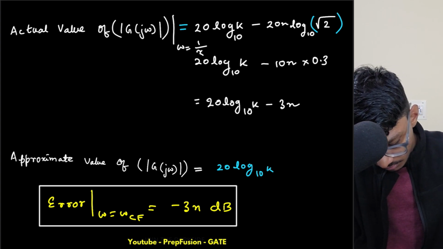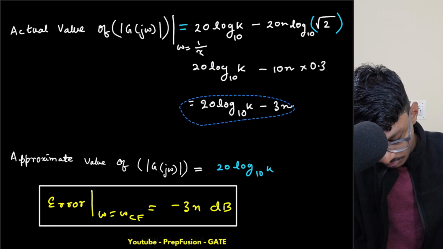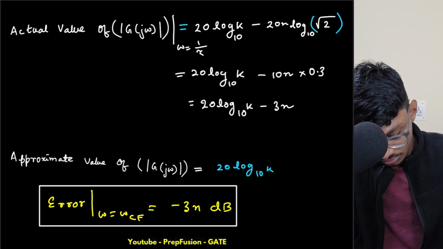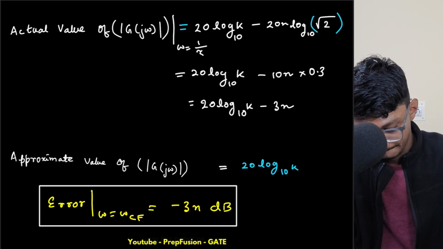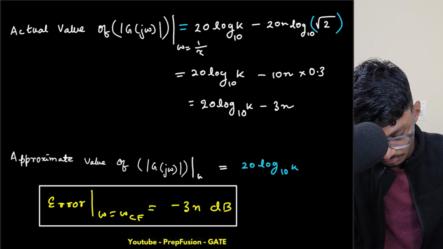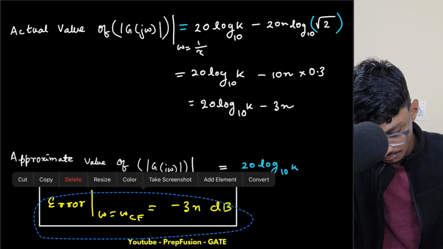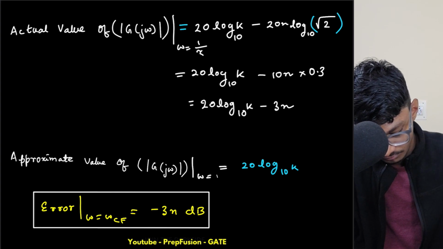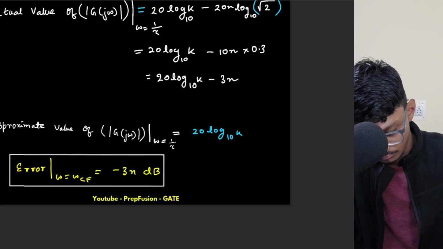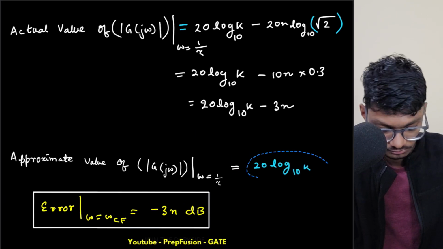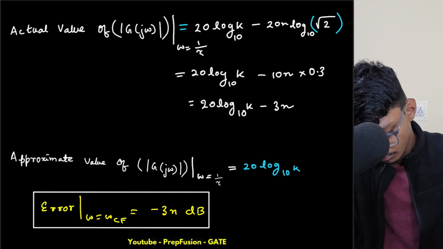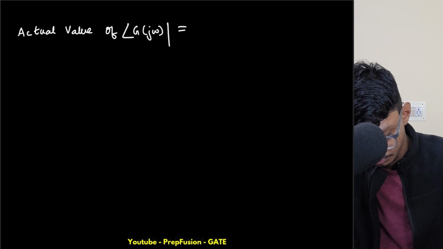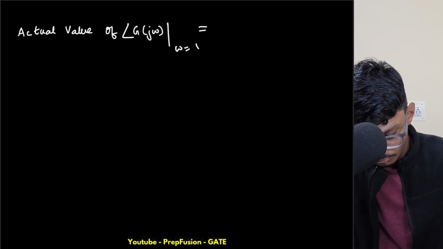So this is also at corner frequency. The actual value of the angle of G omega at corner frequency, or omega CF.